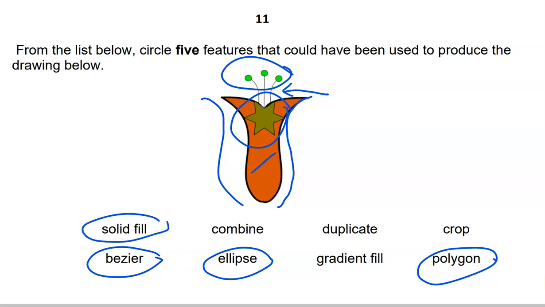Because as you can see, all are filled up with a color. And finally, the other best answer: we do not know whether cropping has been done, because whatever we see in here, we take it that nothing has been hidden. Definitely no gradient fill. We don't see anything from dark colors to light colors.